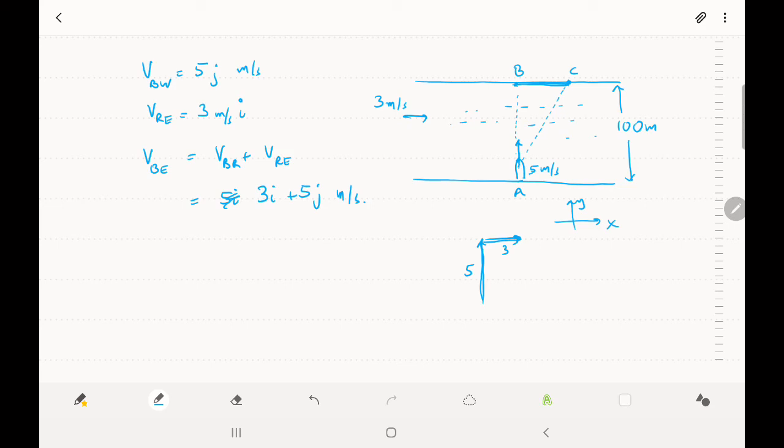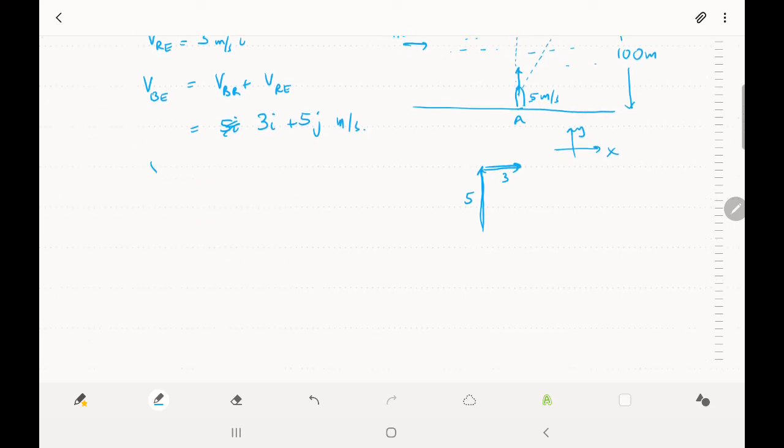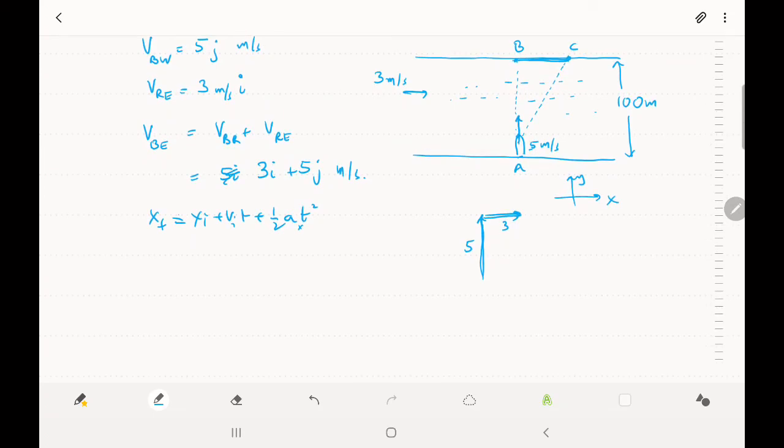We can use the equation xf equals xi plus vit plus half at square, and there is no acceleration in the x direction, and we can take this as the origin of the coordinates.